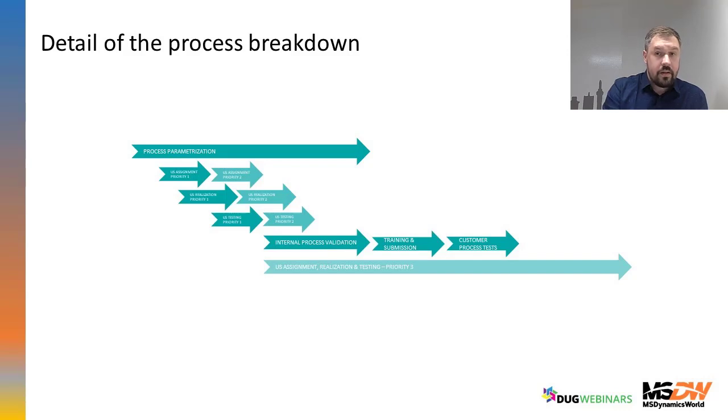This is because we would like to focus on the most important. So we have priority number one, we have process number one at the beginning and the logical sequence of core processes of the customer.